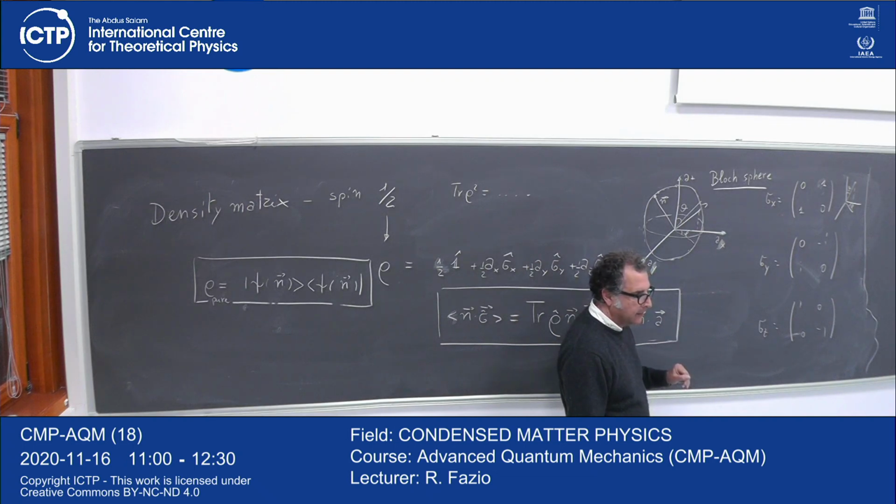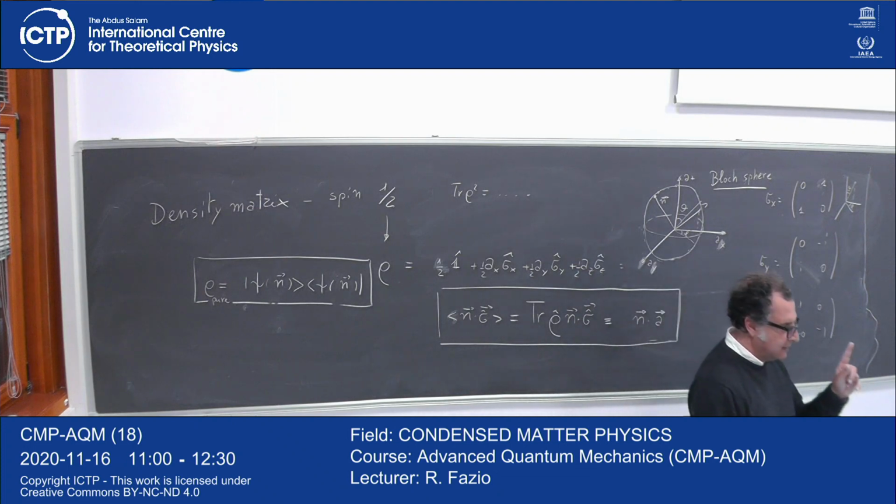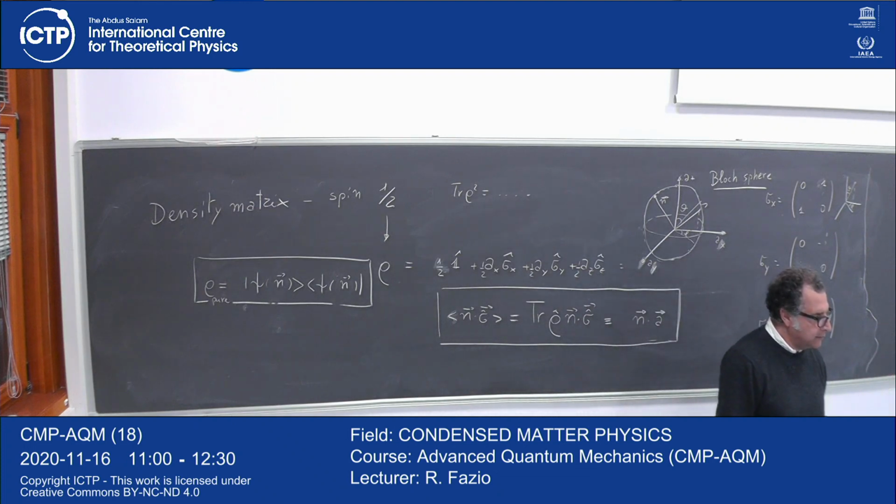If you have a pure state, when you choose a parallel to n, the probability to measure this will be 1, because you are in a given eigenstate.